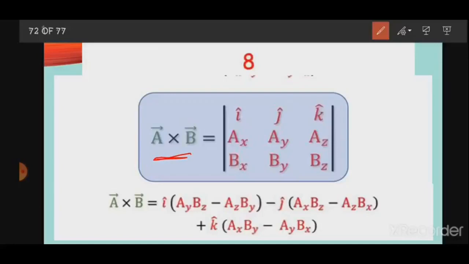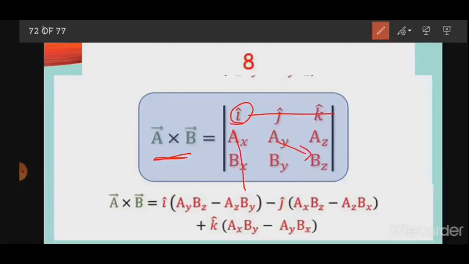In terms of orthogonal components, Ax, Ay, Az is nothing but A vector in three components x, y, z. That is also the same thing for B vector. Okay, now calculate the i unit vector. This is the i unit vector. Now the row and column are cancelled. Now multiply crosswise: Ay into By is positive.